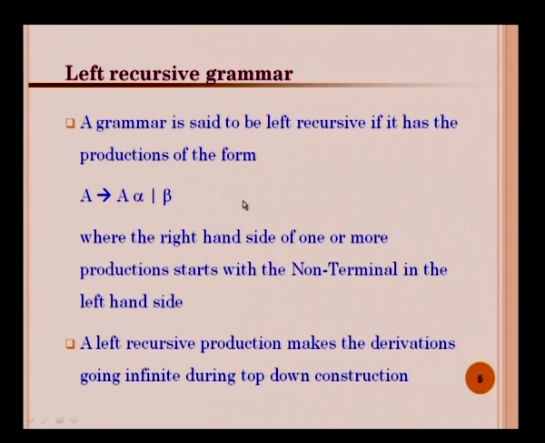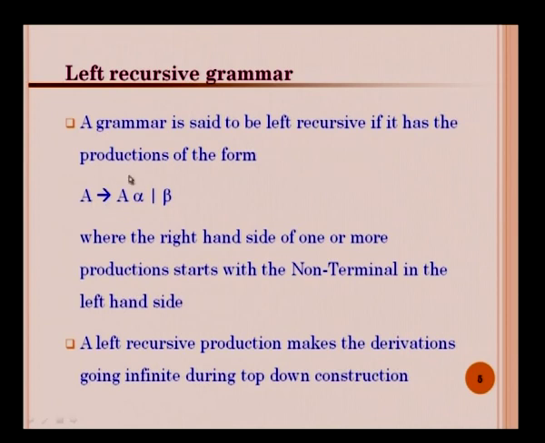First you should know the meaning of a left recursive grammar. A grammar is said to be left recursive if it has a production of the form A derives A alpha or beta. We can find that the left hand side has A, and even the right hand side starts with A. So what happens here is, when a variable is expanded, it is once again introduced in the same variable, but it is introduced on the leftmost position of the next step of the sentential form.